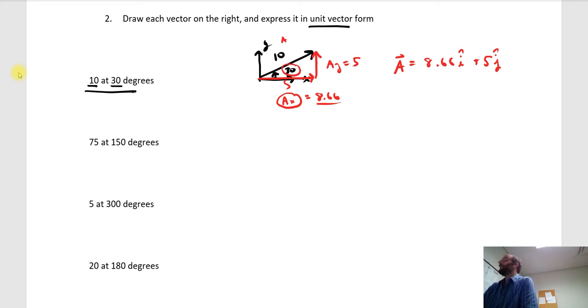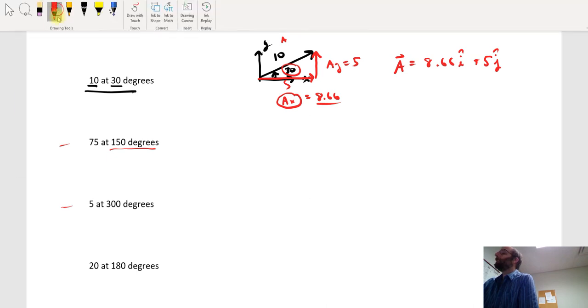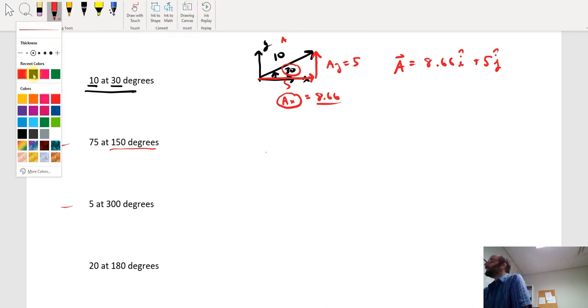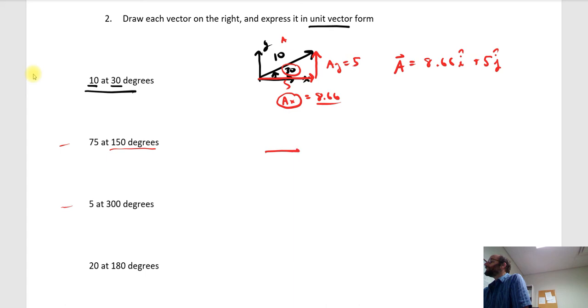So repeat for these problems. I'll give you a little clue here. So 150 degrees, when you draw that, you put a little coordinate system in. All right. So you're measuring with respect to the positive x-axis. That's 0. Counterclockwise positive. So 150 degrees puts you in quadrant 2. Then you draw your vector. Now, how long you draw this doesn't really matter because you're free to set your own scale.